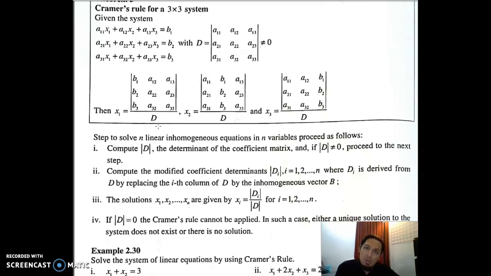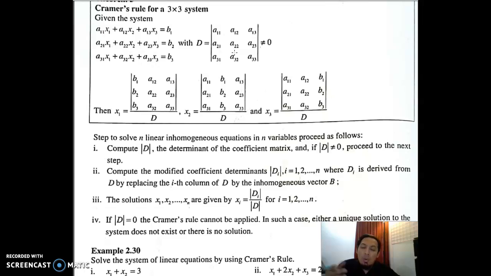The same goes for x2 and x3, where as you can see here, for x2 they change the column of x2. As for x3, they change the elements at the column of x3 into B, right? So that is how Cramer's rule is done.